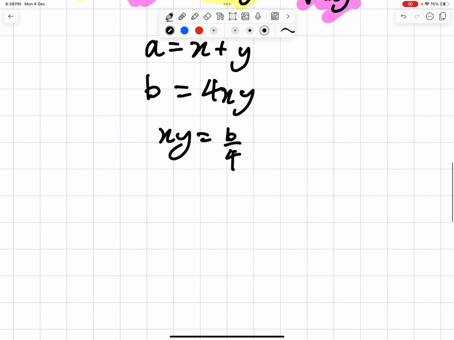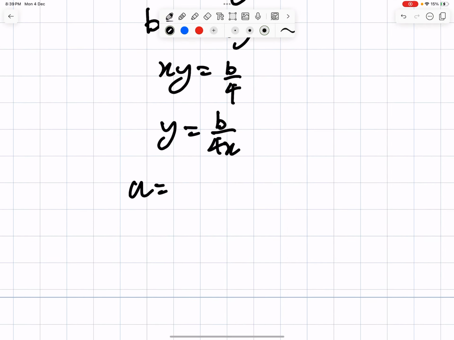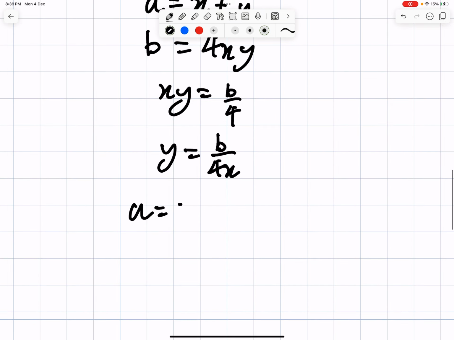Generalizing this, we can get y equals b over 4x, and then we can apply a equals x plus b over 4x.